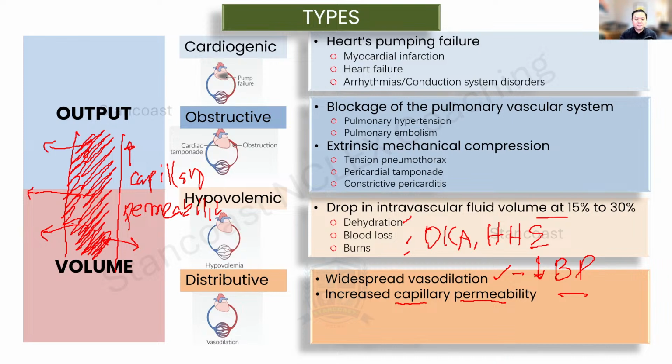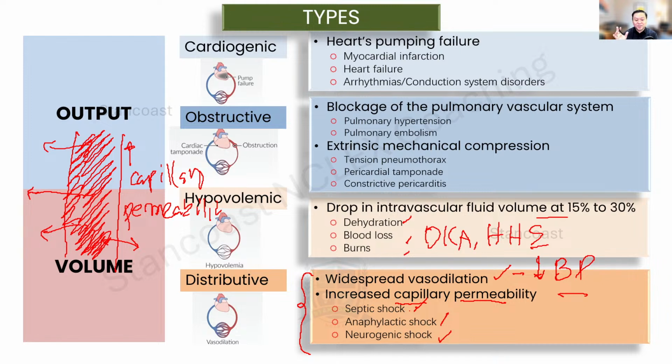Now let's talk about the septic shock, which is basically under this classification. So we have the different shocks here under distributive shock. One is septic shock, another is the anaphylactic shock, and the last one is the neurogenic shock. Again, they are under distributive shock. And why they are referred to as distributive shock, well, remember about the shifting of the fluid.